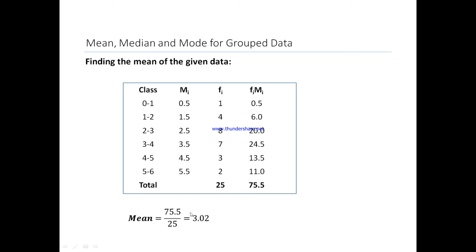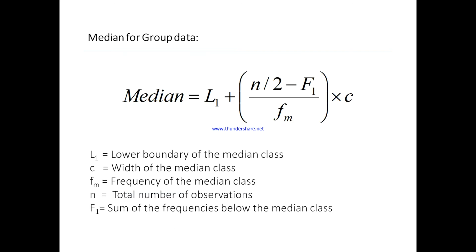In this example, that is 75.5. If you take the total of the observations, that comes from the frequency column, the frequency total is 25. If you divide this summation by 25, you get the mean value. So if you are presented with a grouped data set, that's how you can find the mean value.